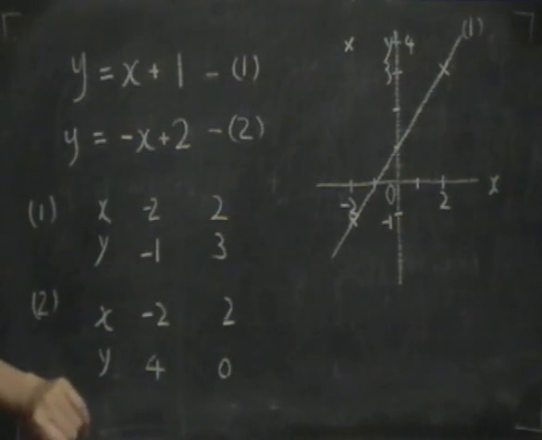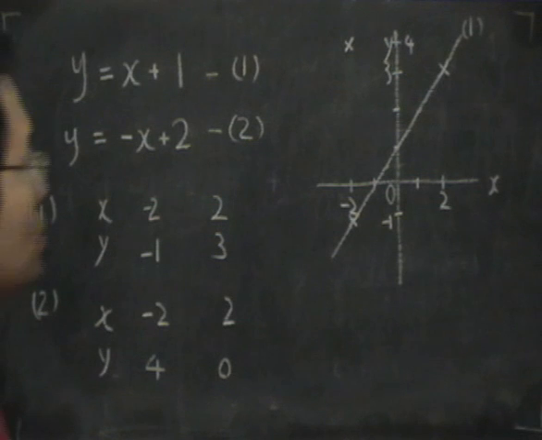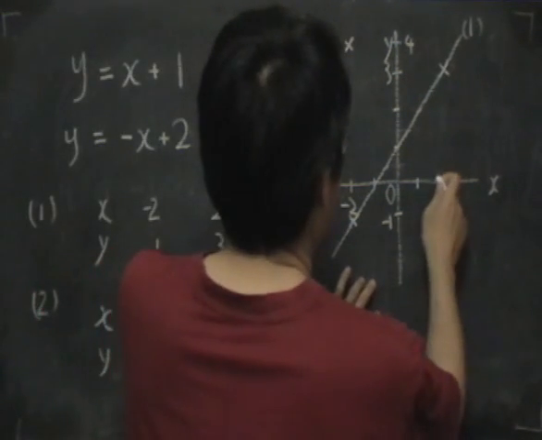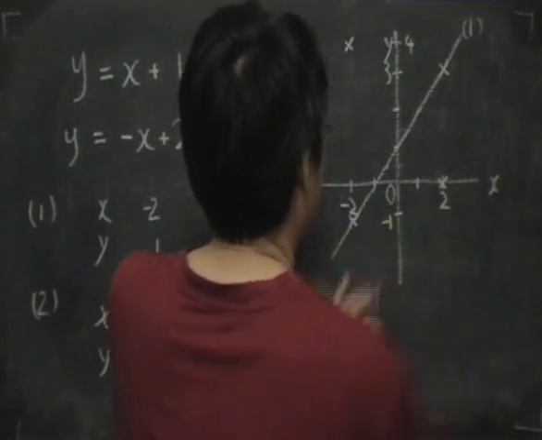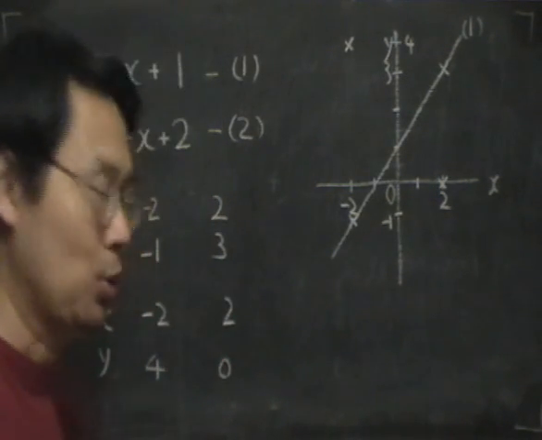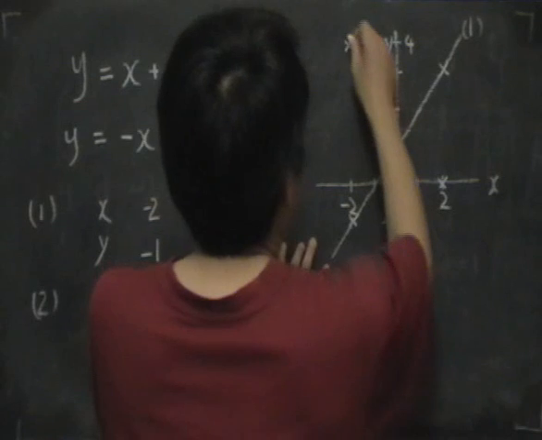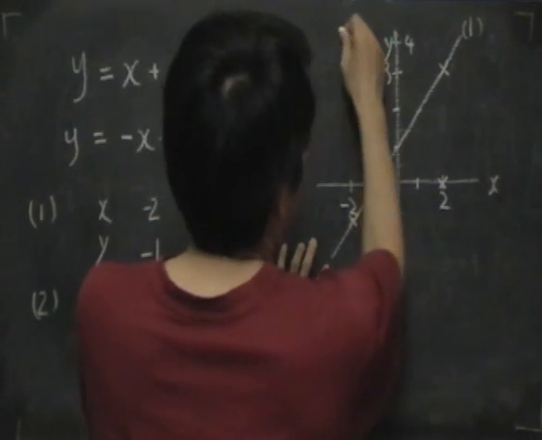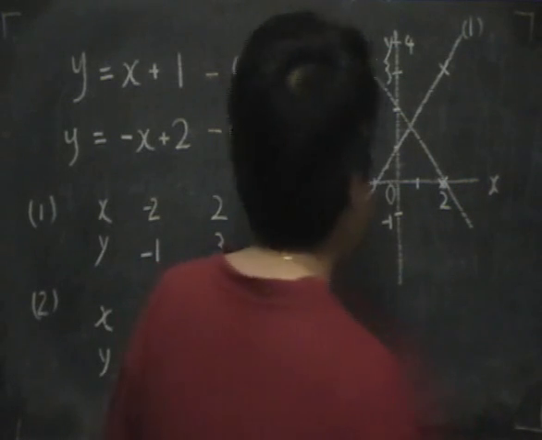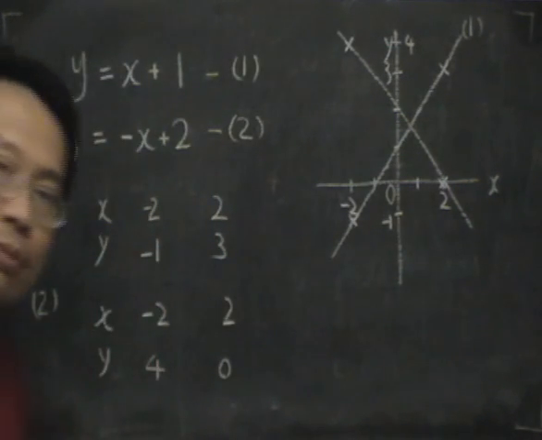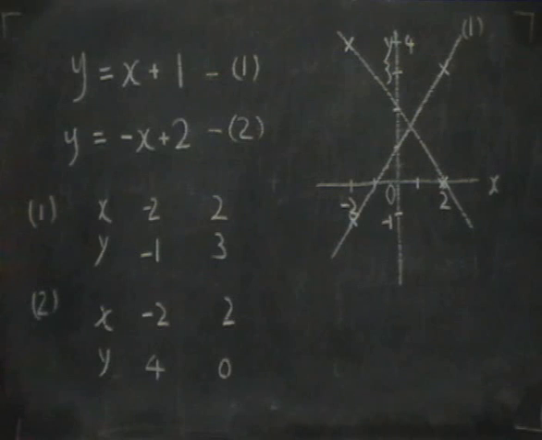The next point is 2 and 0. So 2 and 0 is here. We have the 2 points and we can join with a straight line. So there we have our 2 lines.